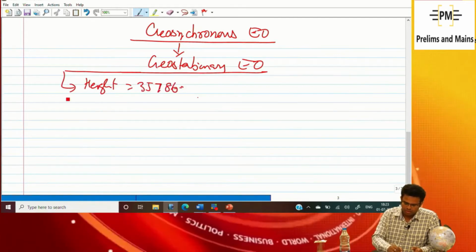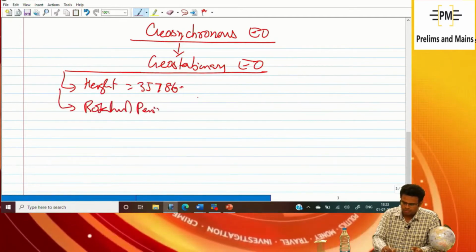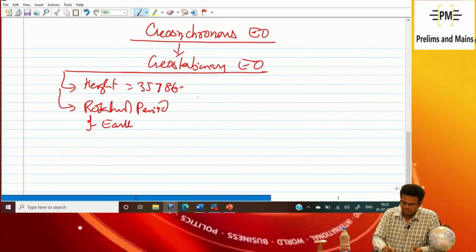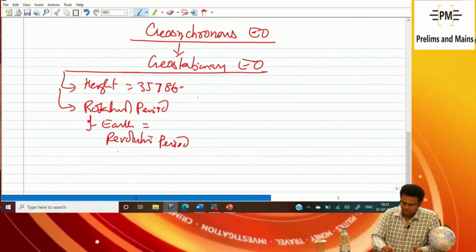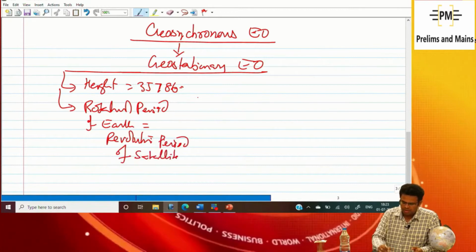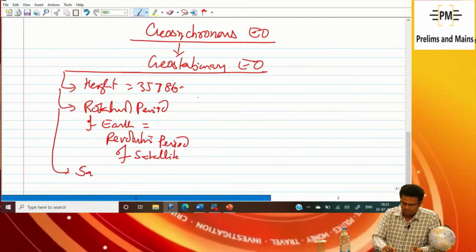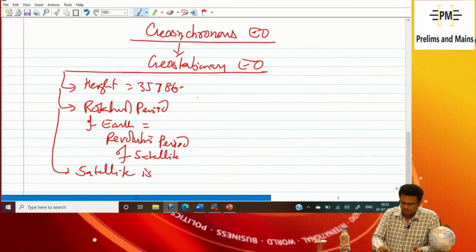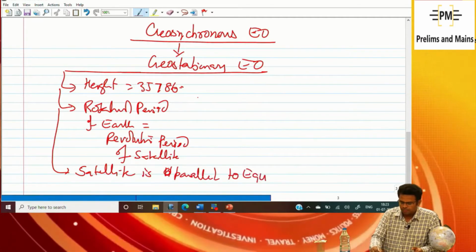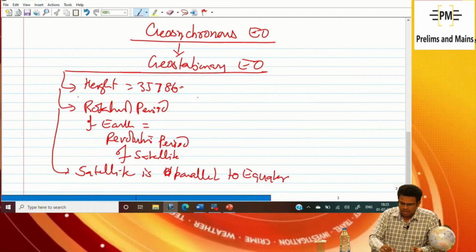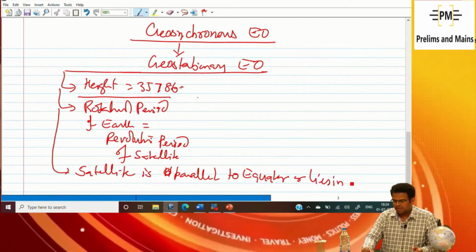In this case, first I said that the height is 35,786 kilometer. Second, the rotational period of the earth is equal to the revolution period of the satellite. Third, the orbit is parallel to the equator, or lies in the equatorial plane.